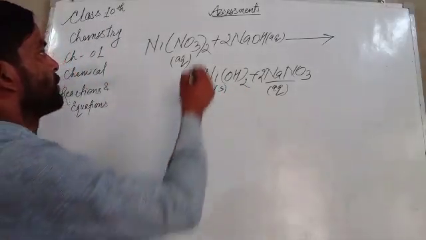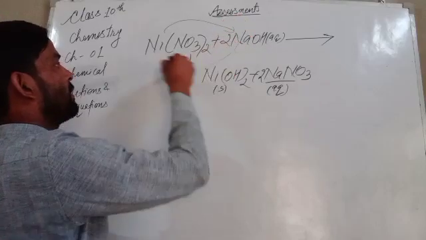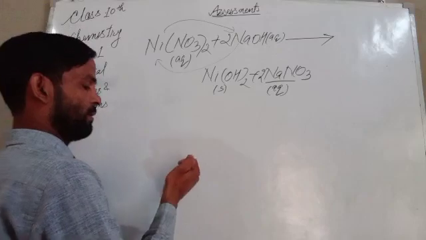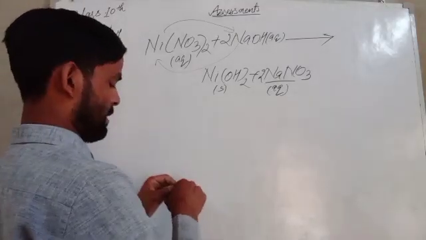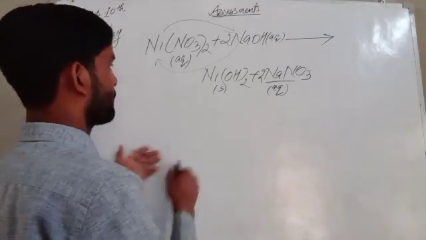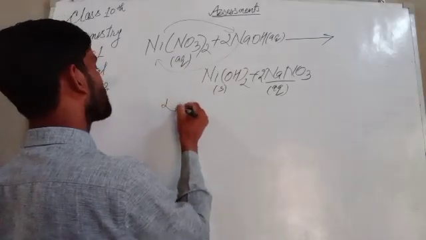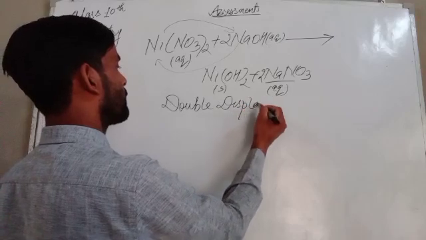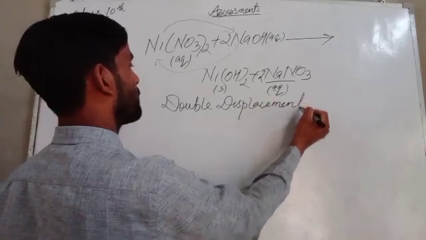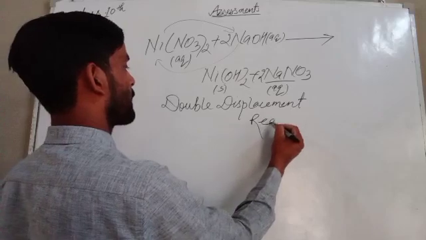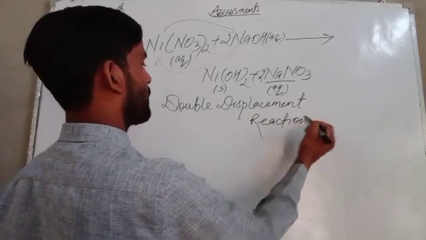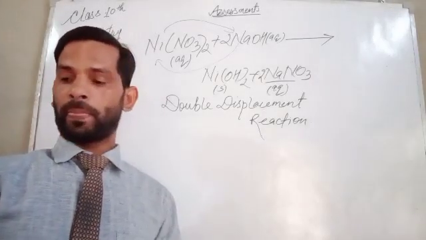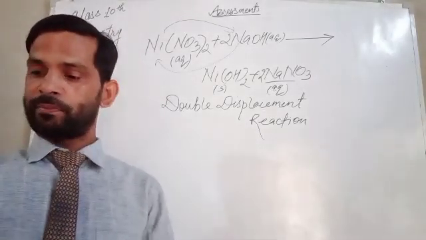Here sodium is displaced by nickel and nickel displaces sodium. So there are two types of atoms displaced by one another. So this one is called a double displacement reaction.